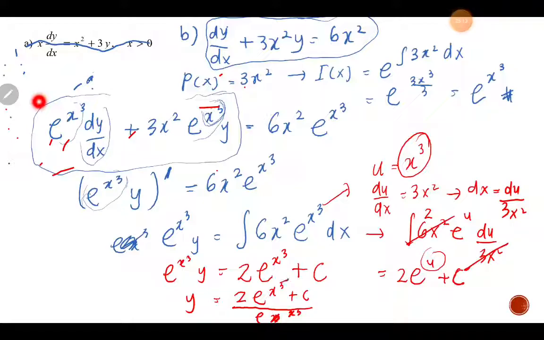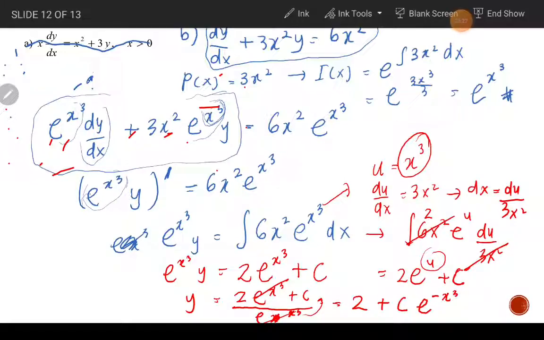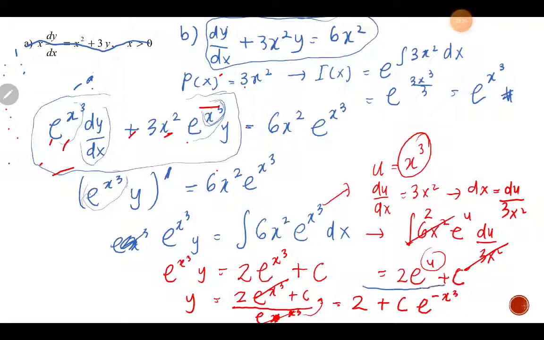So yang ni dengan yang ni boleh cancel, yang ni akan jadi naik atas. So you akan dapat 2 tambah C e to power of negative x power of 3. Alright, itulah jawapan kita untuk B. Alright, this is our answer for B. Our y ni sama dengan yang ni.